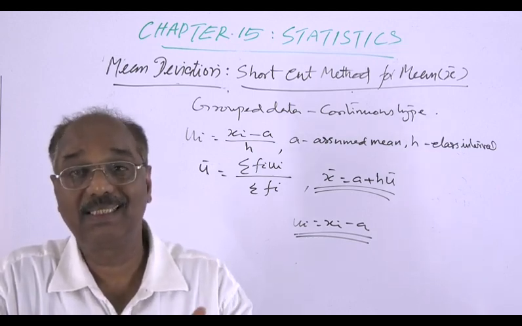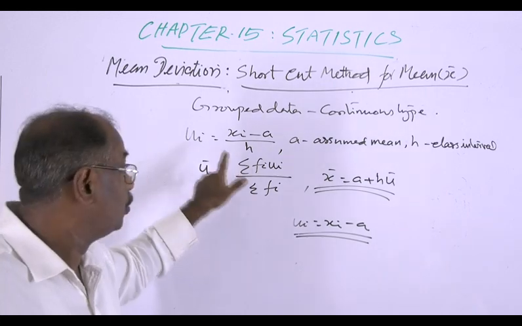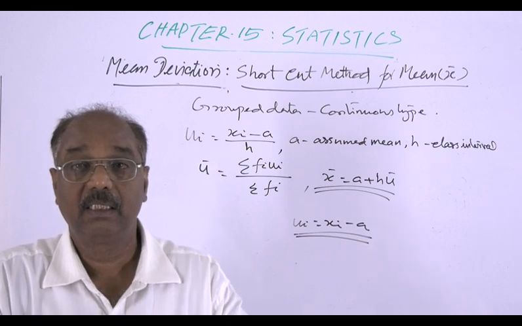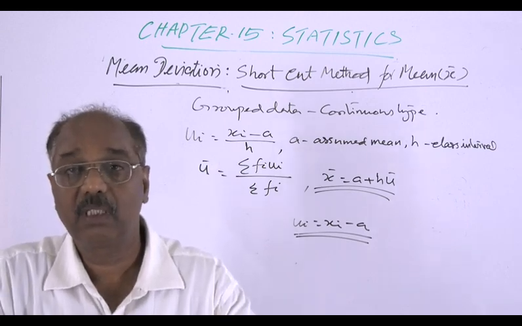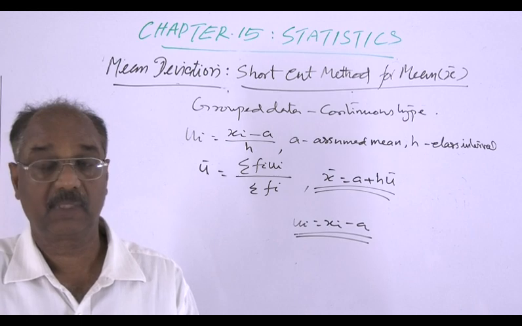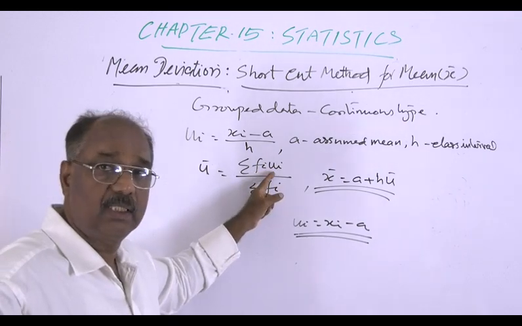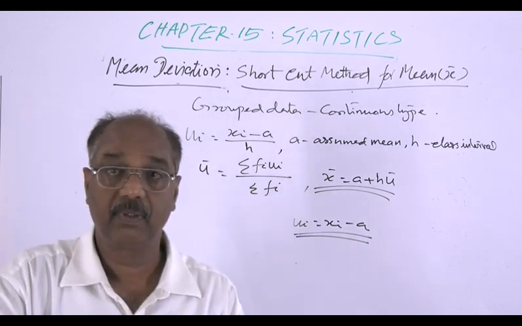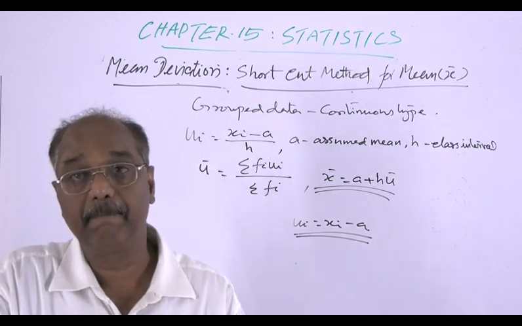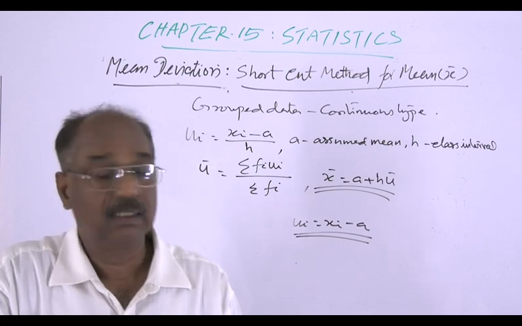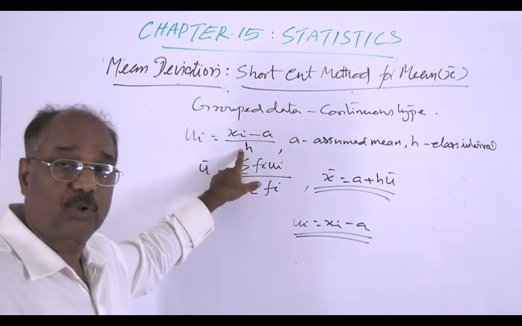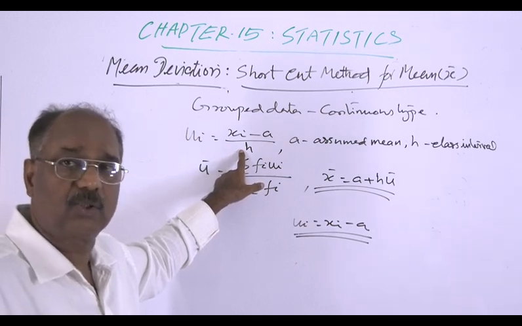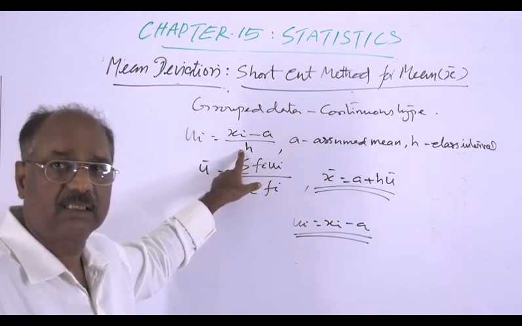Suitable in the sense that the ui values are smaller and simple for calculation, simple to find fi ui, add and find u bar. Normally you have to use some constant other than the class interval, as there are no classes and class interval in that case.